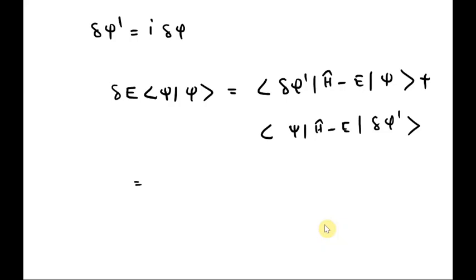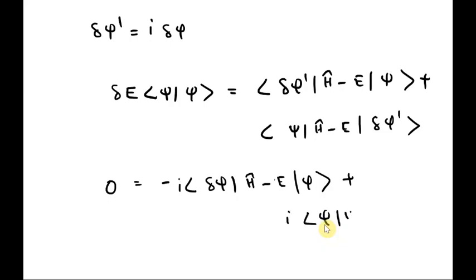This quantity is 0. This quantity will become minus i <delta psi|H minus E|psi> plus, for the second term, i will be there here also: <psi|(H minus E)|delta psi>.